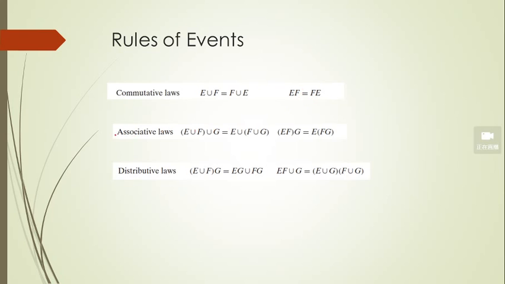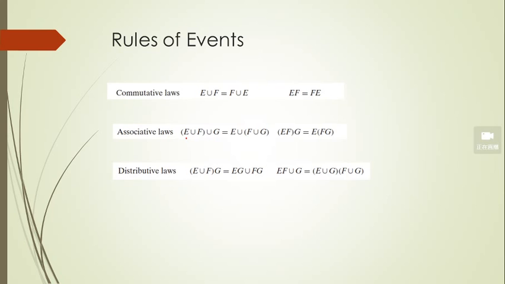Now let's check associative laws. E union F, then union G. So this one means you do the operation inside first.